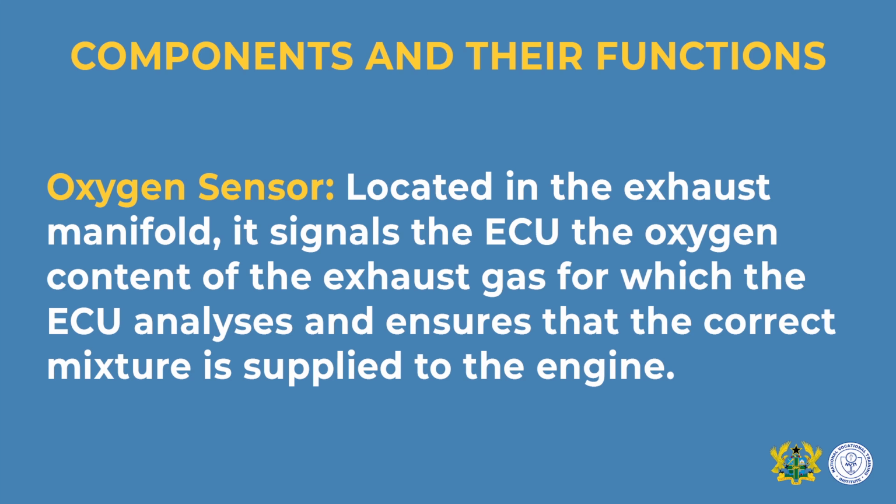Therefore, the mixture supplied will match so that you don't have too much fuel coming into the system to cause environmental pollution. So the oxygen sensor is a very important component in the system. These are some of the components that are in the system, which I want you to briefly take note of.